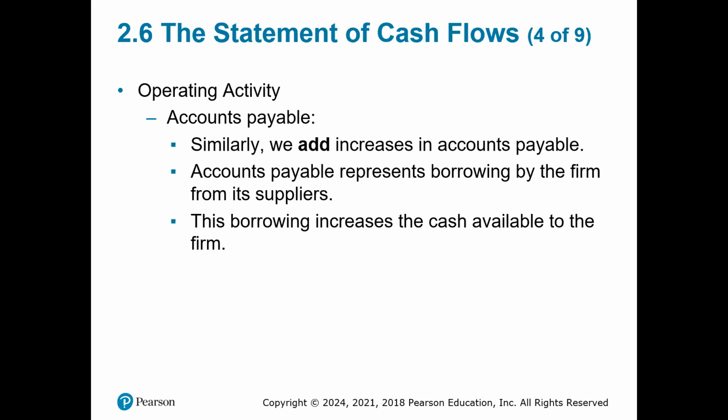This adjustment is crucial because an increase in accounts payable signifies additional credit received by the company from its suppliers. So in other words, it's borrowing. So this borrowing increases the immediate cash available to the firm.